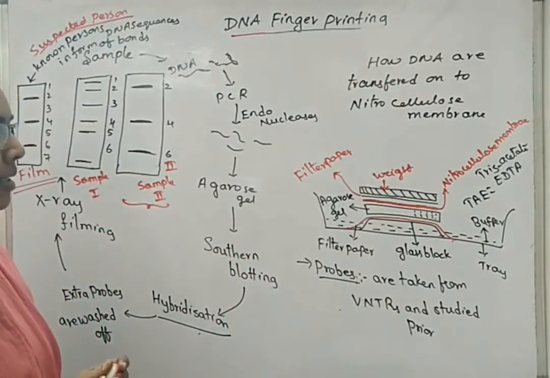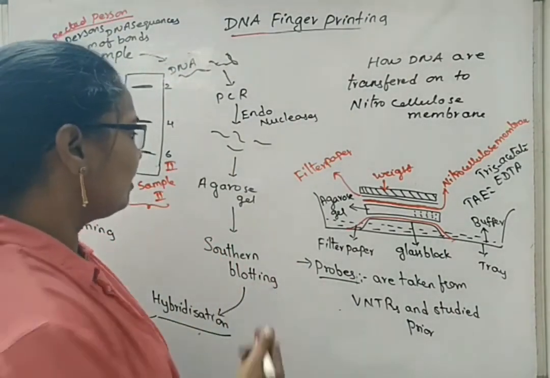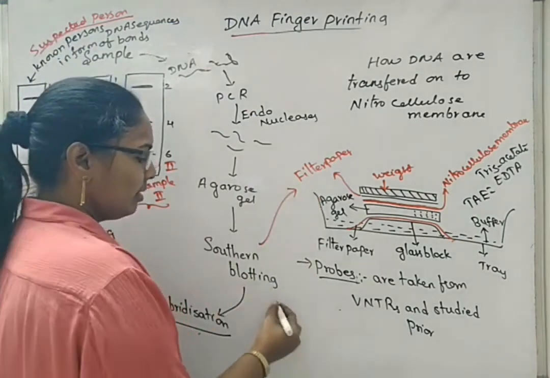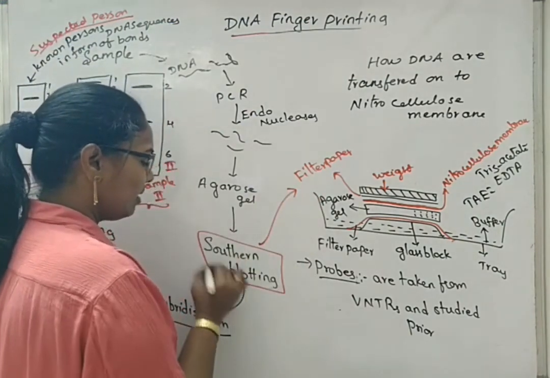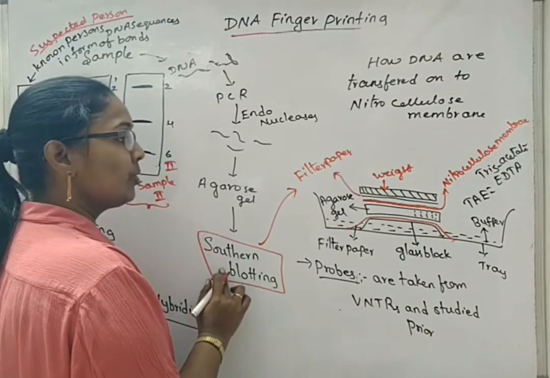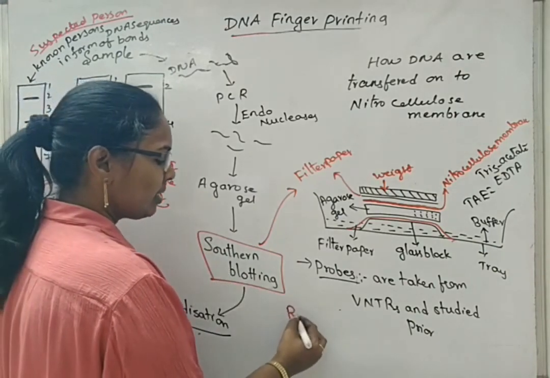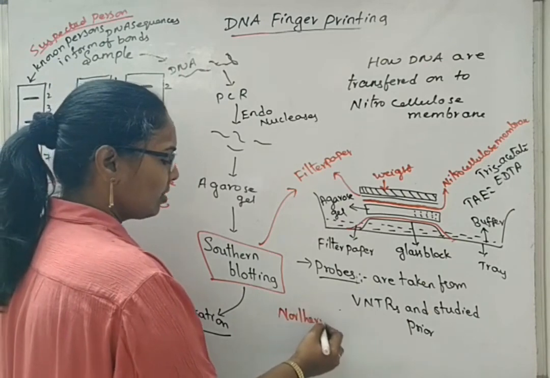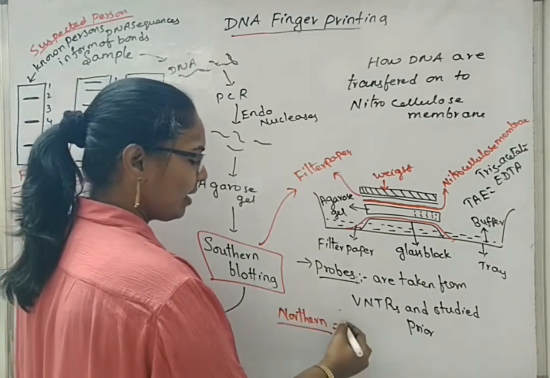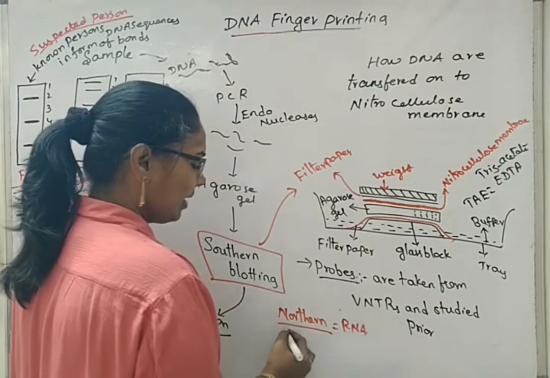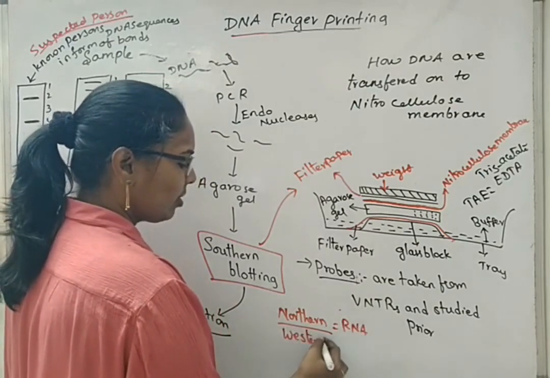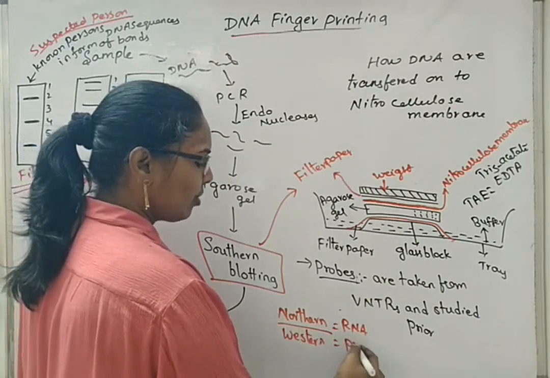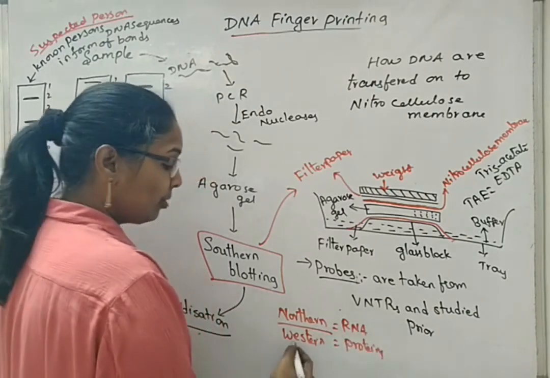Here we have used one term, Southern blotting. If there is a term like Southern blotting, which is used for extraction of DNA, there must be some term like Northern blotting also. Northern blotting is used for extraction of RNA. There must be another term like Western blotting also, that is used for extraction of proteins or immunoglobulins.